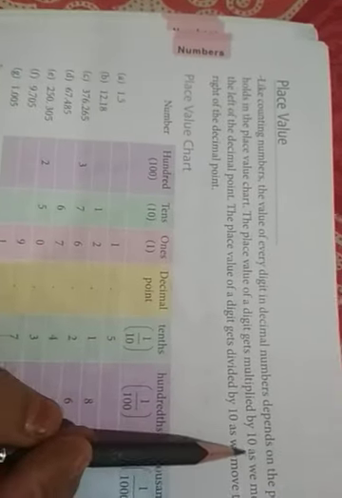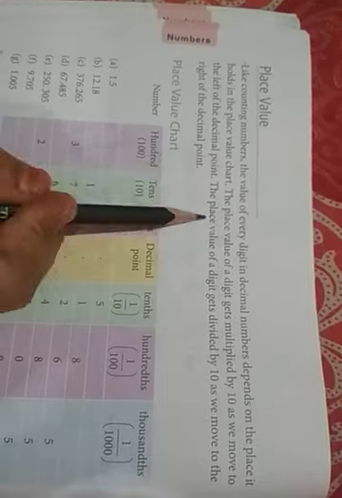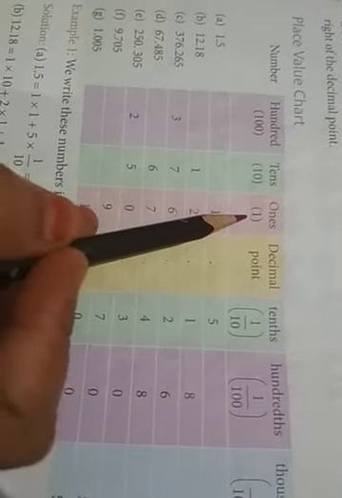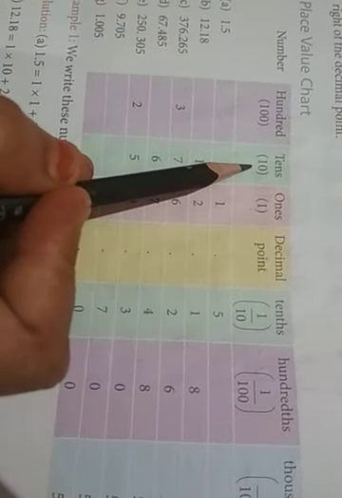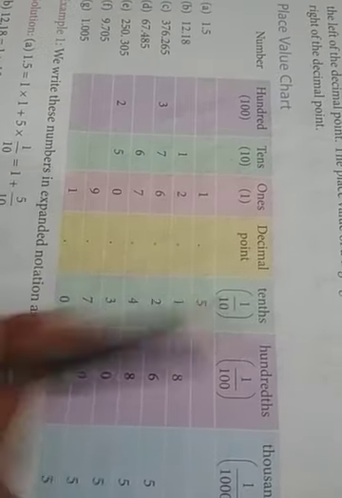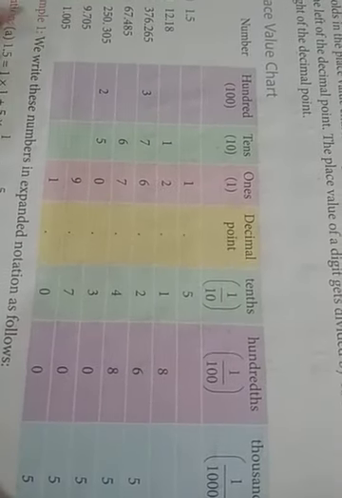The place value of a digit gets multiplied by 10 as we move to the left of the decimal point. When we move to the left of the decimal point, the place value of a digit gets multiplied by 10 and the place value of a digit gets divided by 10 as we move to the right of the decimal point.